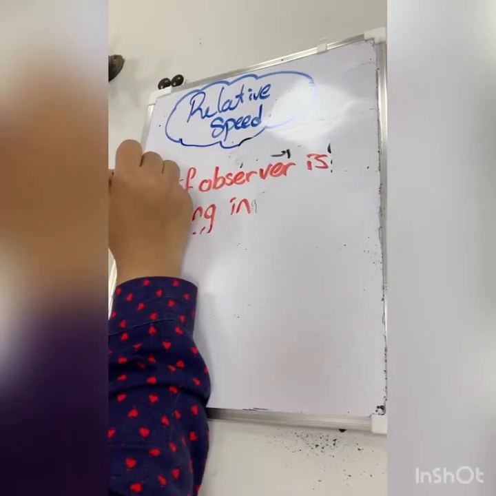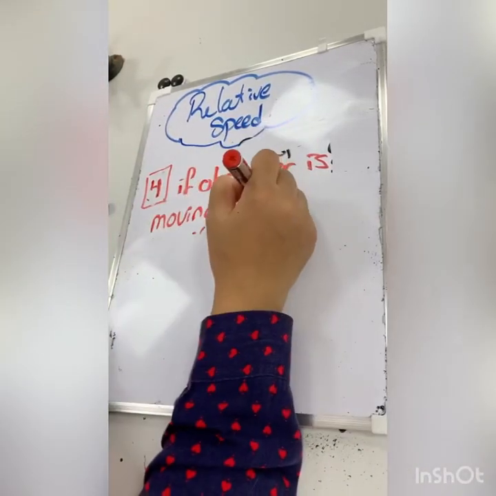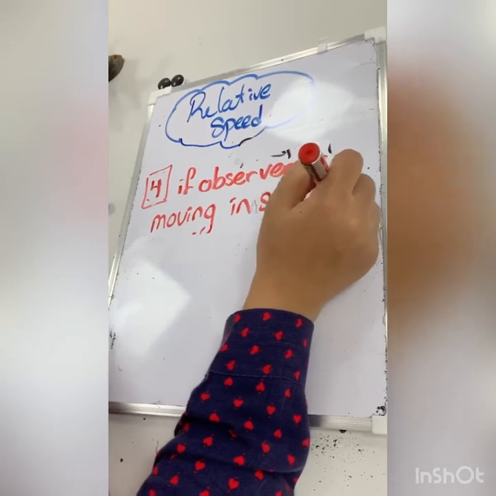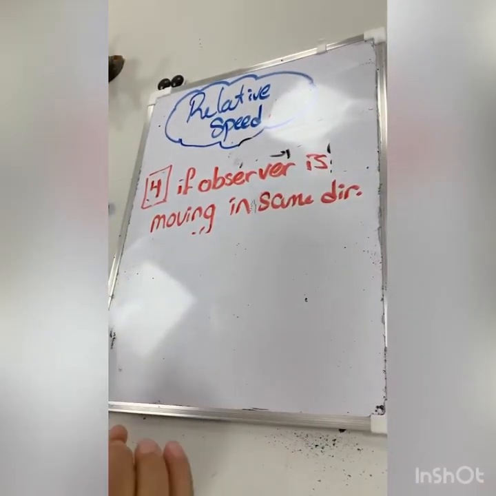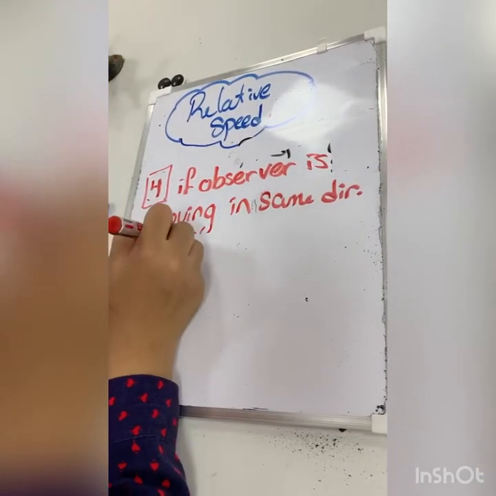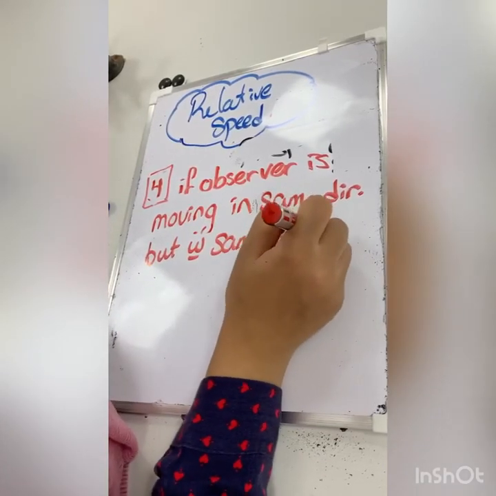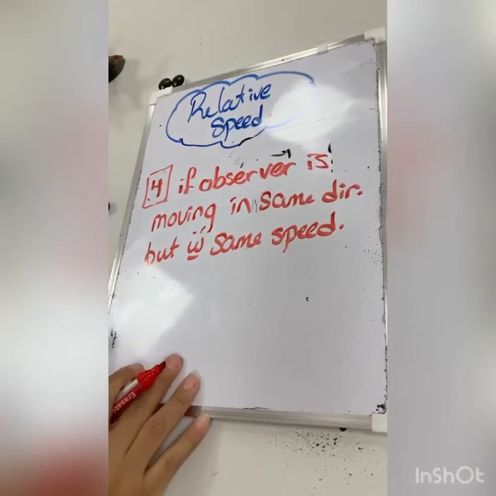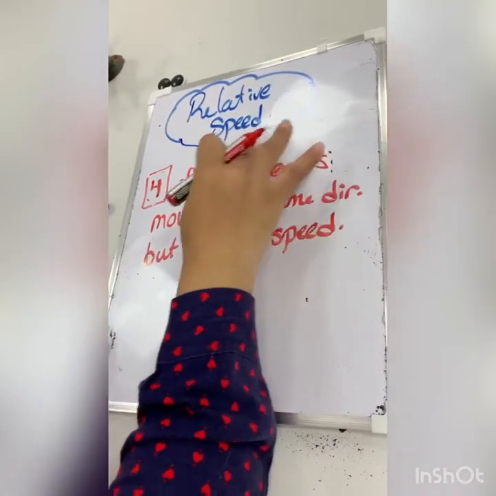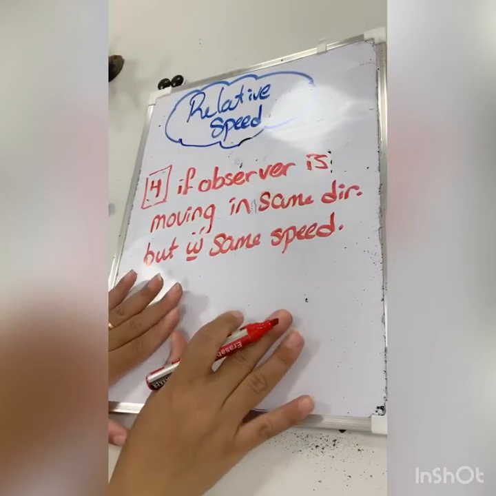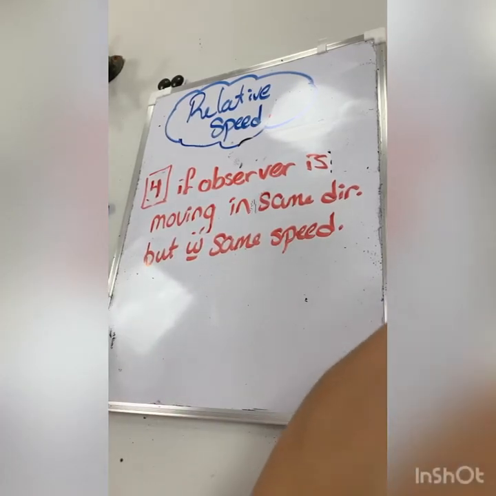If the observer is moving in the same direction but with the same speed, in this case the observer is riding in a car which is moving in the same direction.